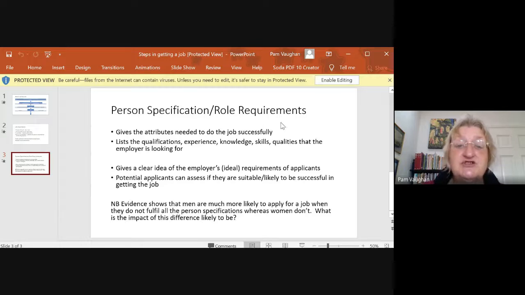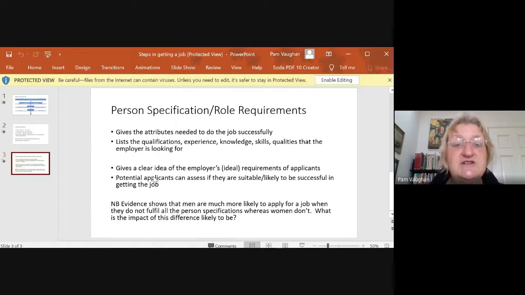The person specification, or role requirements, is important for applicants, because they can look at it and say, yes, tick, I've got that, or no, I haven't got that. It also enables them to identify which parts of their background to highlight in the application, in their CV and in the letter of application, so that they can put themselves in their best light in front of the employer.